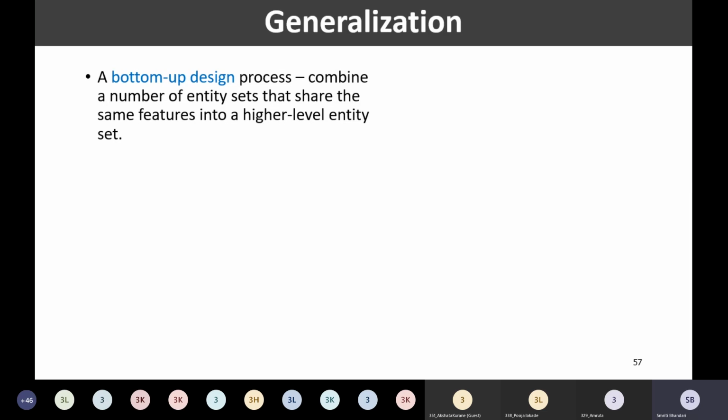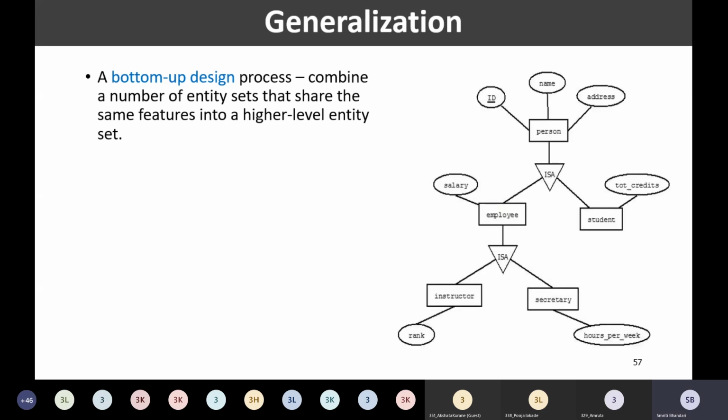So these computer science, mechanical, electrical, electronics, have some specialized characteristics of their own. But all of them belong to the generalized category, that is engineer. So initially we have those specialized entities. We pick up the common attributes from all those entities and we form the higher level entity, that is engineer. Right? I hope you are able to understand the concept.